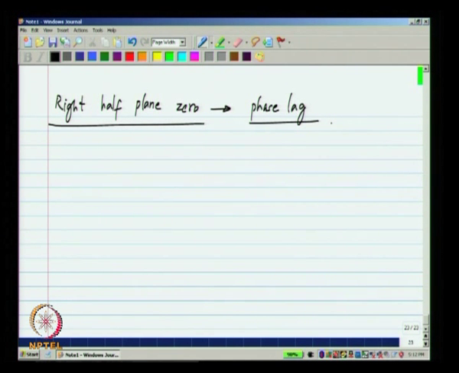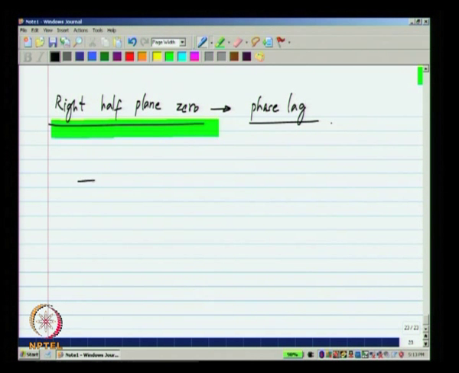So, what we would like also is to investigate if there is a way of getting rid of the right half plane 0, or maybe reducing the effect of the right half plane 0. Now, in order to do this, let us first figure out why the right half plane 0 comes about. For this, I will focus only on the second stage of our op amp.